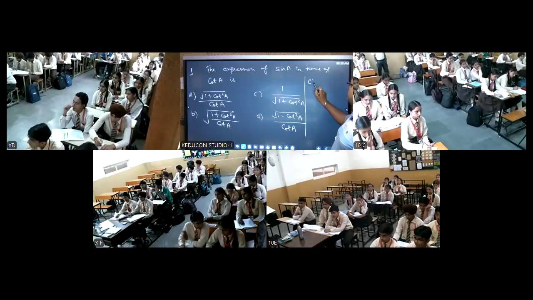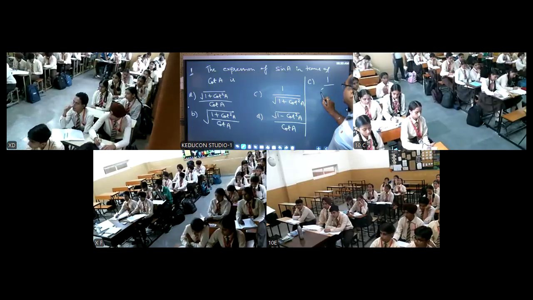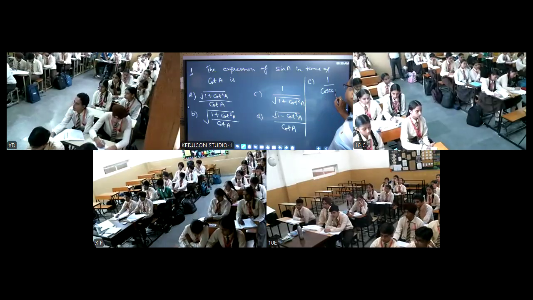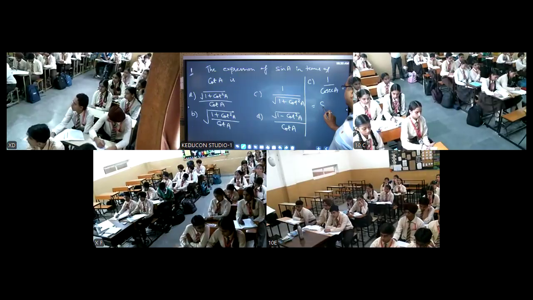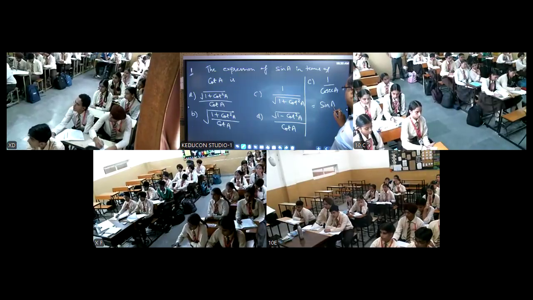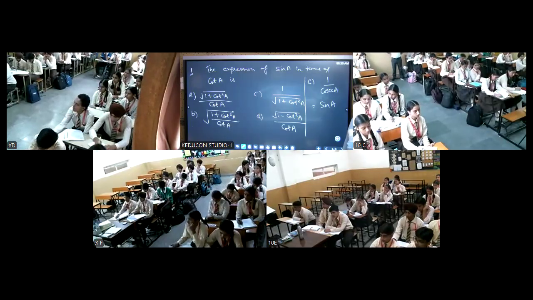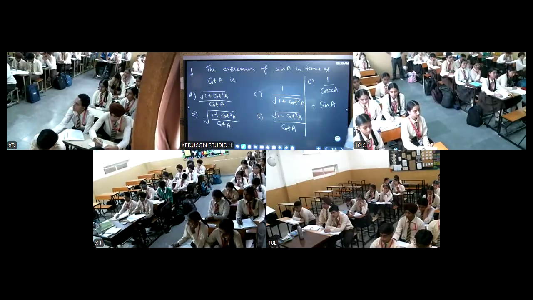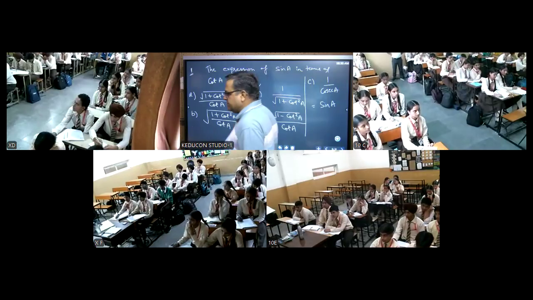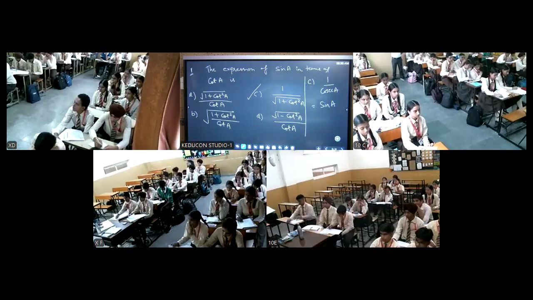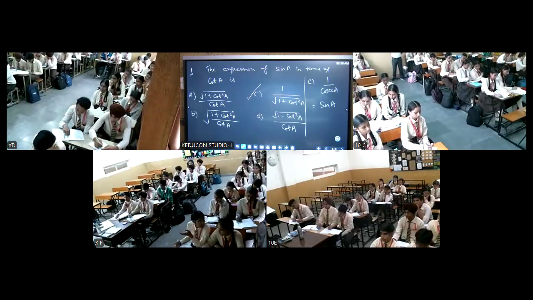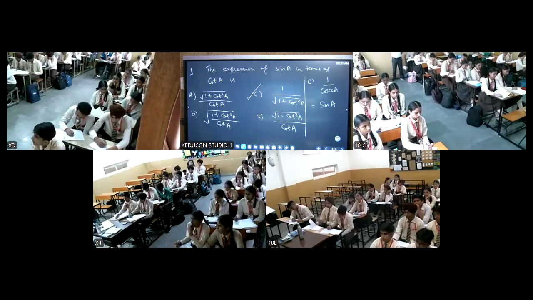So C will be 1 upon cosecant A. What is 1 by cosecant A? Yes or no? 1 by cosecant A is sin A. So therefore choice C will be the correct choice. Understood? Any doubt, students?